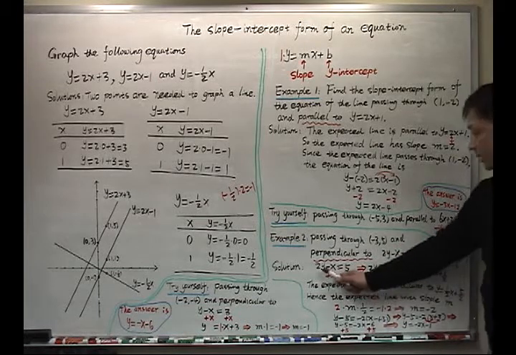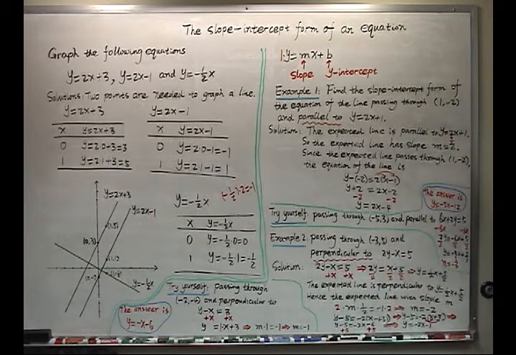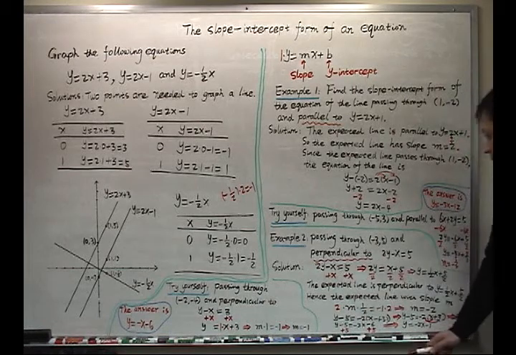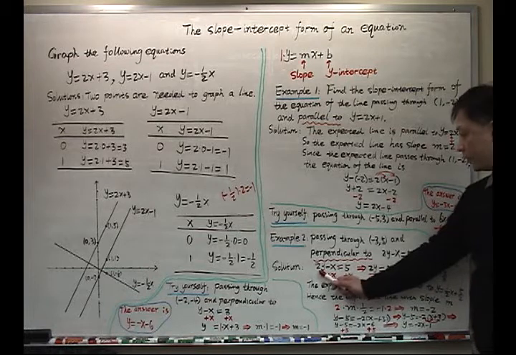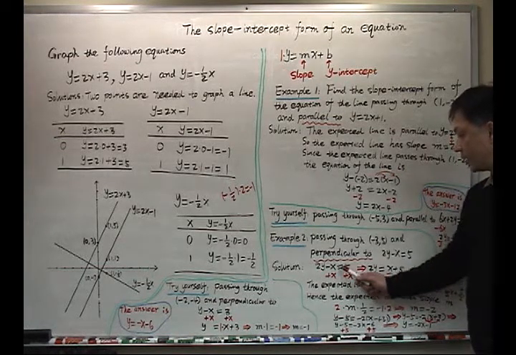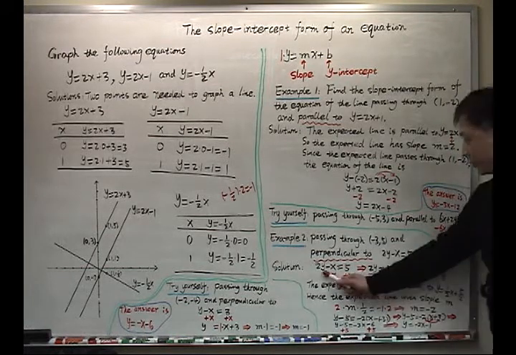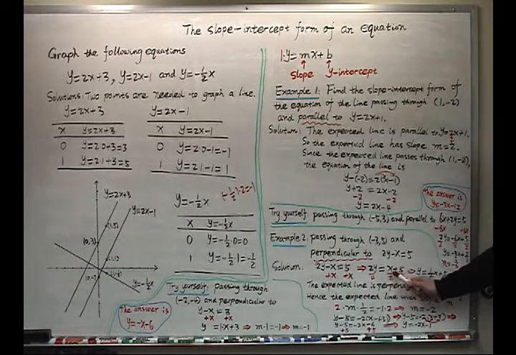You see, 2y minus x equals 5 is the given one. If you add x on both sides, positive and negative x cancel each other. Then you have 2y equals x plus 5.